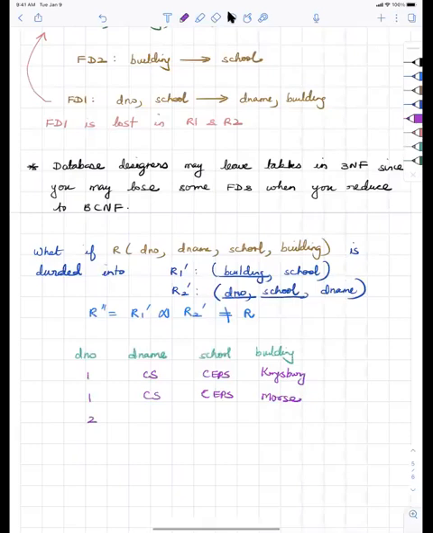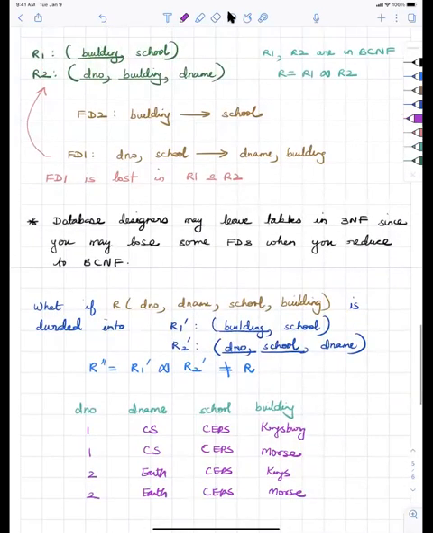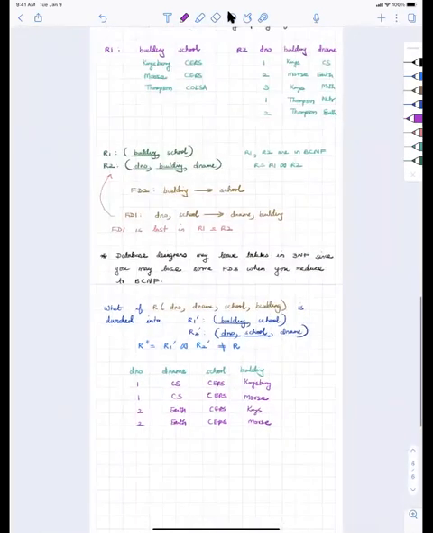You'll have earth sciences. But if you look at this table, this is not equal to the original table.